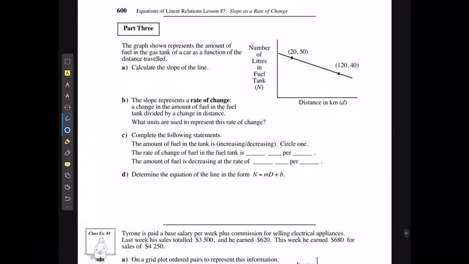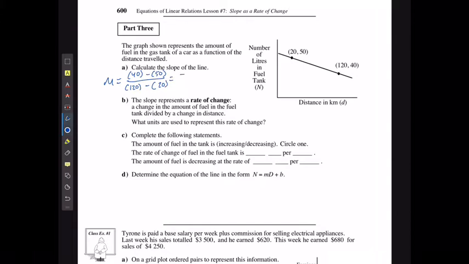For part 3 here, we can see that for the first time we have a negative slope, so that is going to have an impact on how we describe our rate of change. We're going to calculate the slope the same way. We're going to say m is equal to, we have a 40 on the top over 120 on the bottom, minus 50 on the top, and minus 20 on the bottom.